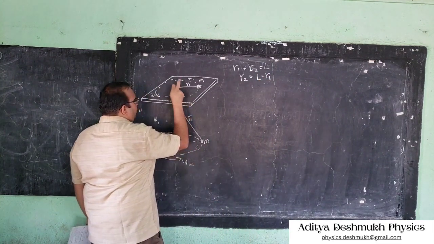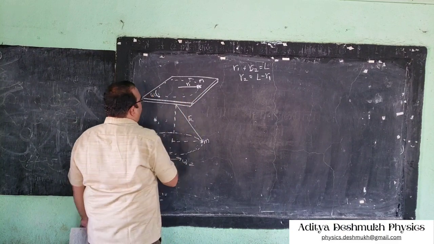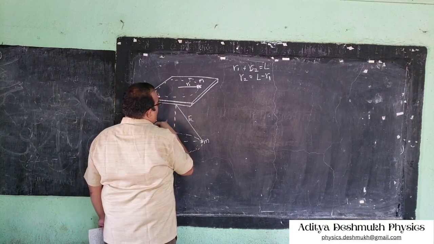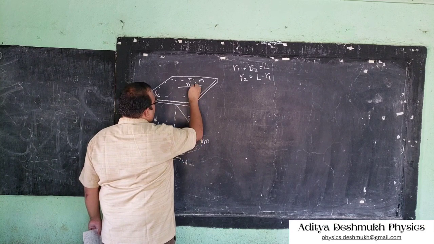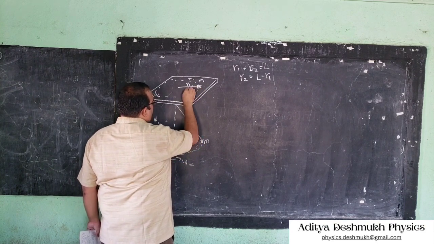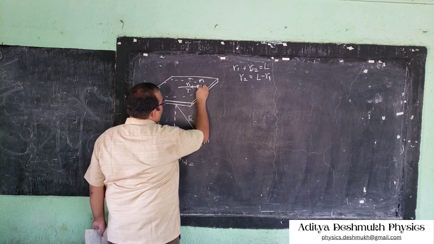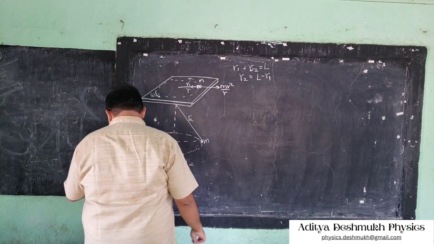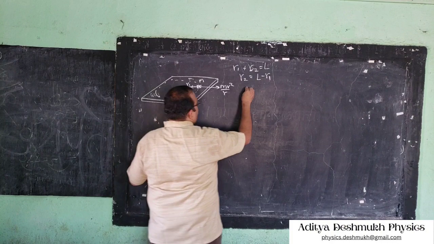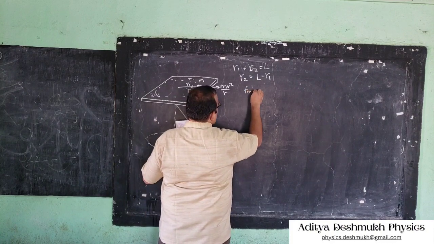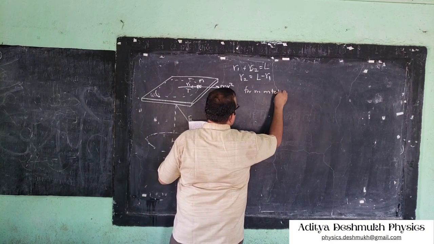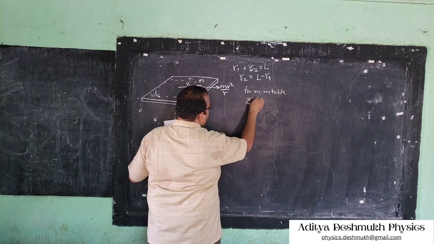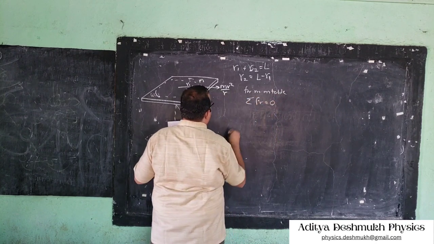So for the mass on the horizontal table, the only forces along the radial direction will be tension and centrifugal force. So for m on the table, the summation of F radial will be equal to 0.